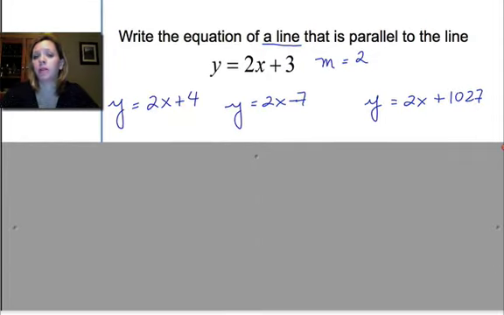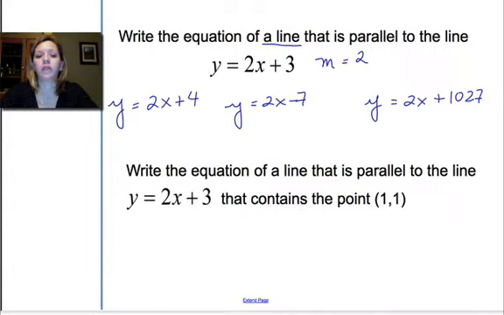But what if I wanted you to write the equation of the line that's parallel to y equals 2x plus 3, but it also had to go through the point (1, 1)? Visually, we could describe this with a graph. I know it's got to go through the point (1, 1), and it has to have a slope of 2, so that's up 2 and over 1, or down 2 and back 1.